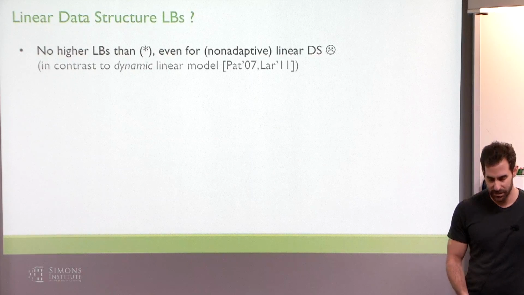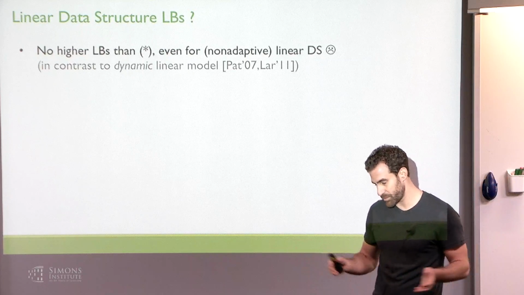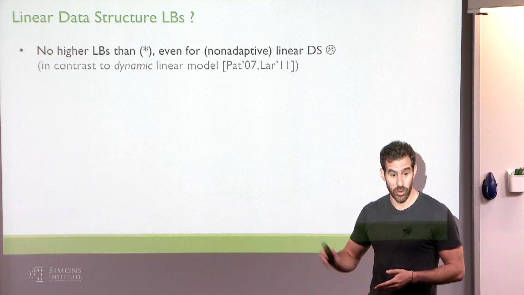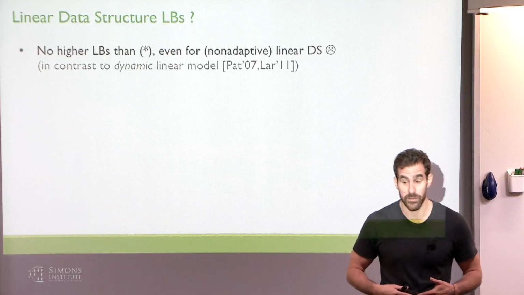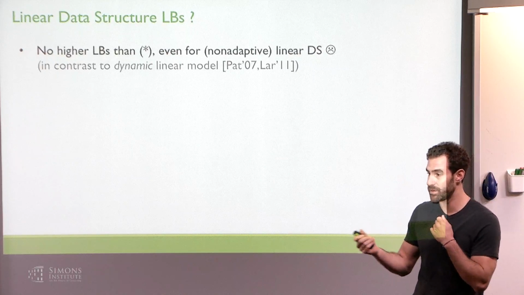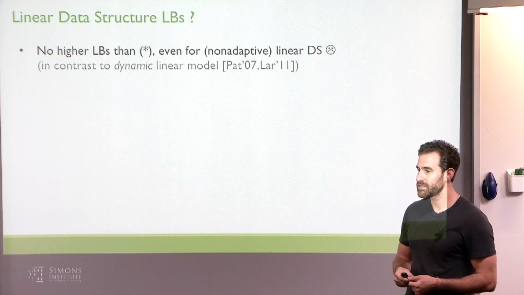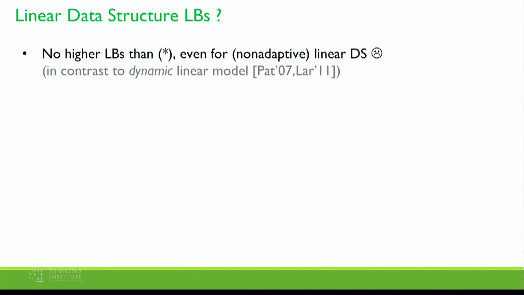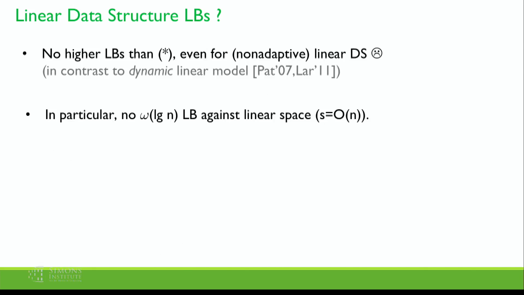There, Kasper has a nice paper where we can prove polylogarithmic, even polynomial, lower bounds on the query or update time. So this shows a real big difference between the static and dynamic model. In some sense, this is one of the messages of this talk.